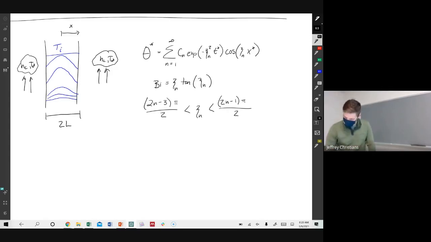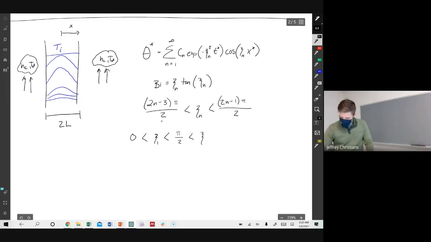Okay, so that would be 0 is less than C1, which is less than pi over 2. C2 would now be between pi over 2 and 3 pi over 2, then 3 pi over 2 and 5 pi over 2, right?